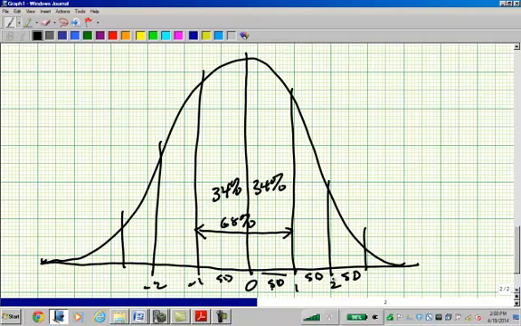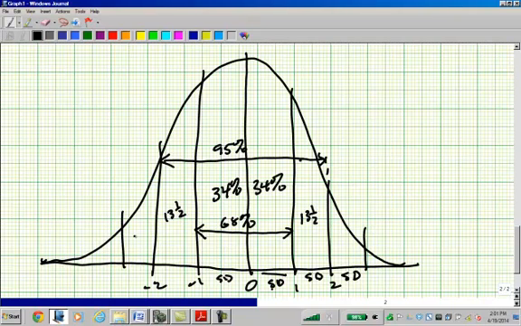Now between -2 and 2, there's another 13.5% here, 13.5% here, for a total of 95% within 2 standard deviations.